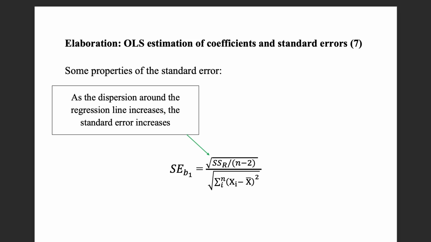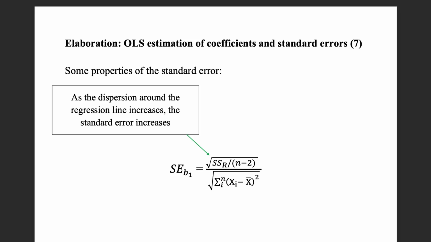And what does the residual sum of squares tell us? Well, it tells us basically how spread out all our individual observations are around our regression line. So a very well-fitting regression model will have a relatively small residual sum of squares, and a relatively badly fitting regression model will have a relatively large residual sum of squares.